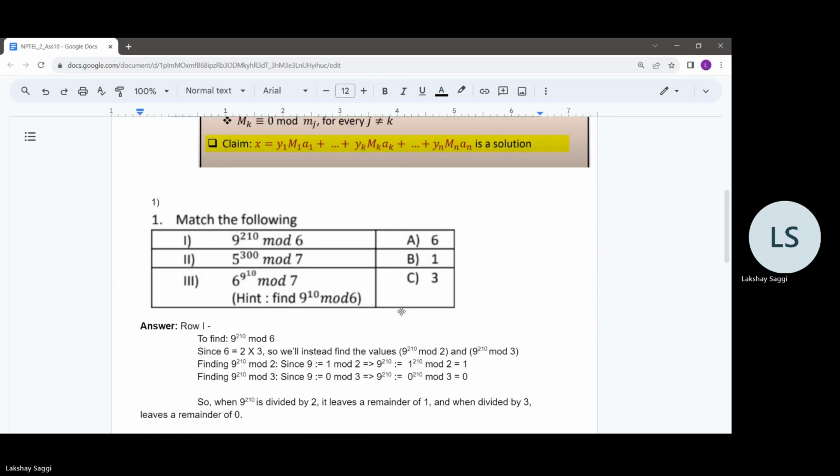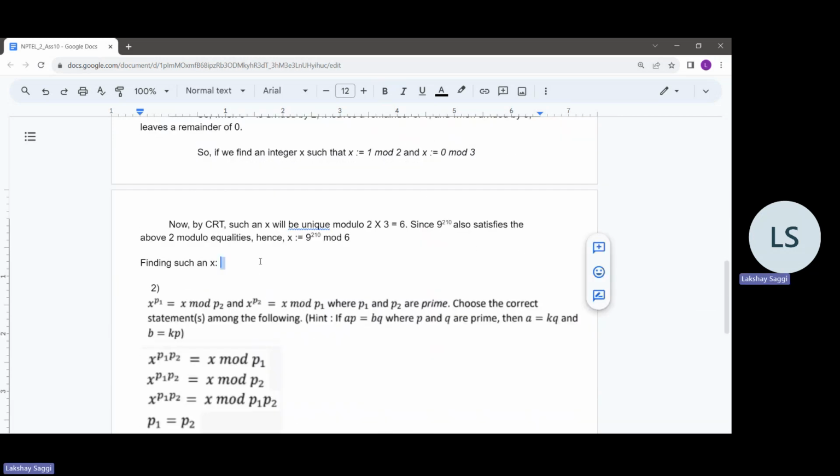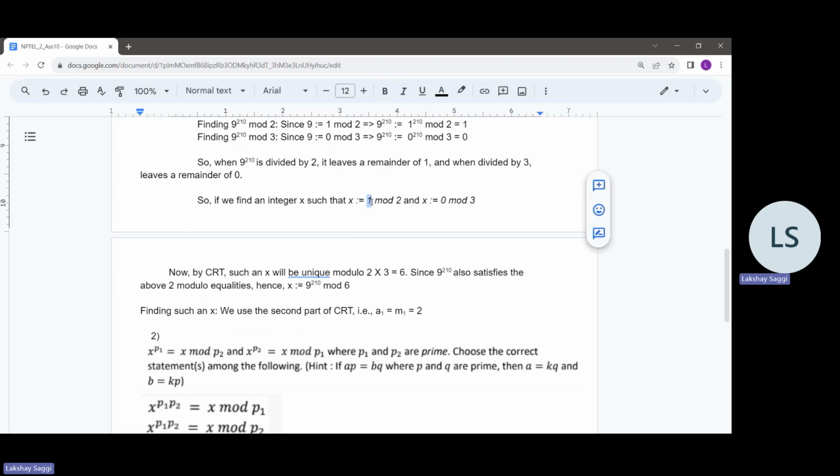So, plugging in these values to find such an x, we use the second part of CRT. Here m1 equals 2 and a1 was 1.